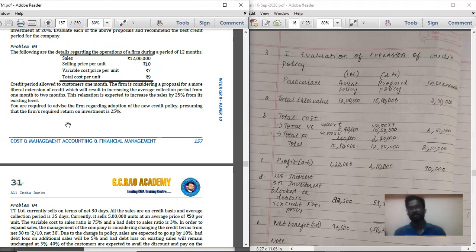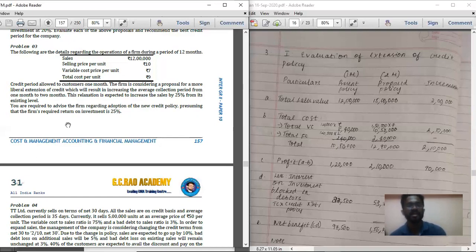See, suppose you are extending credit period from 1 month to 2 months. Because of that, sales is going up by 25%. Whereas there will be some amount which will get blocked as interest on investment blocked in credit debtors. So on that 25% you should calculate, because it is extended from 1 month to 2 months.